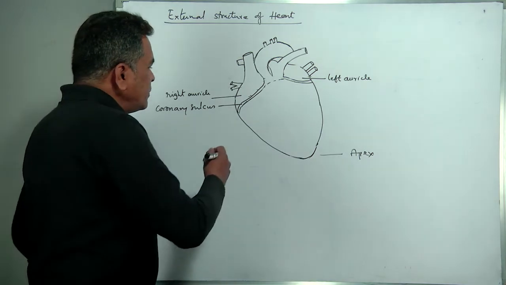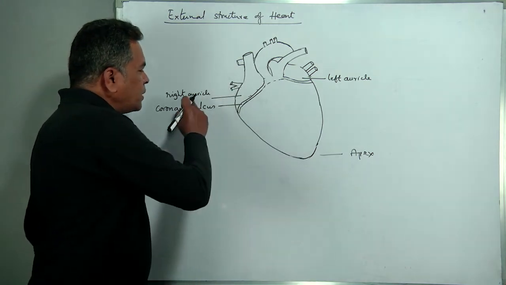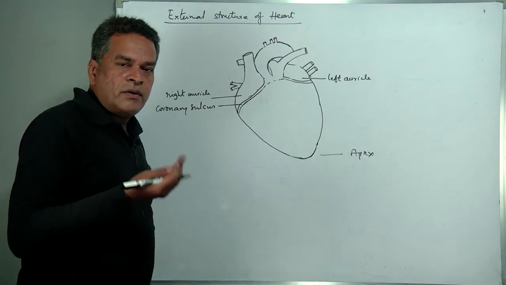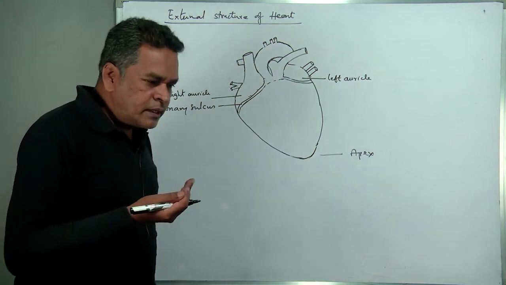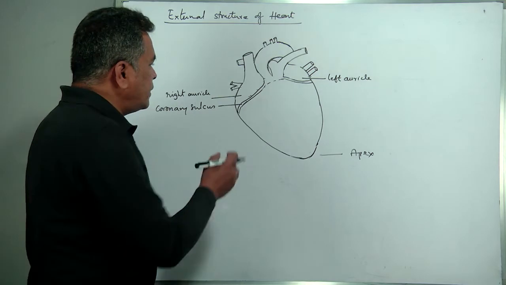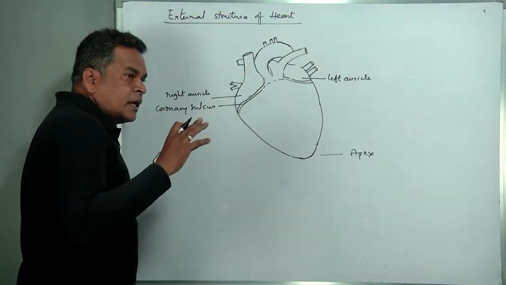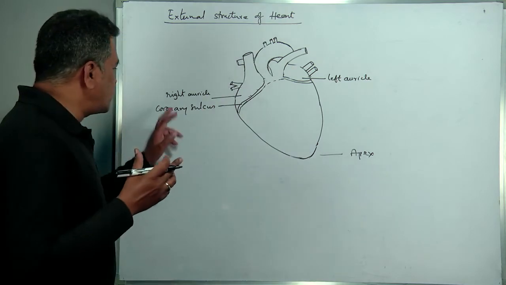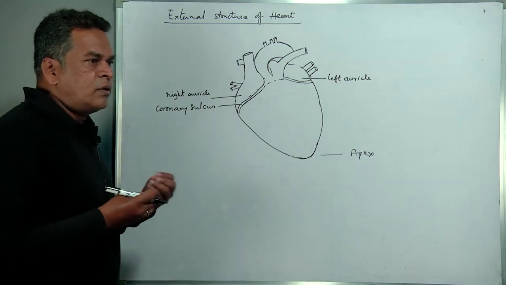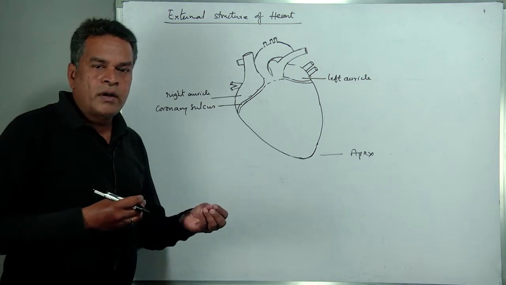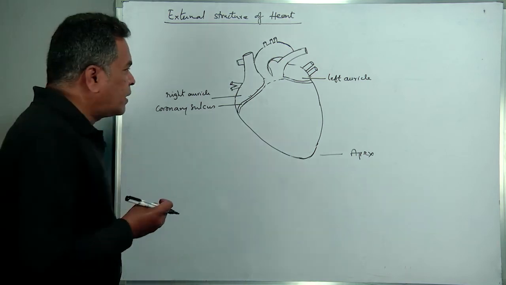What is the auricle? The auricle is an extension of the atrium. From outside you find a wrinkle-like, pouch-like structure, which we call the auricular appendix or auricular appendages.